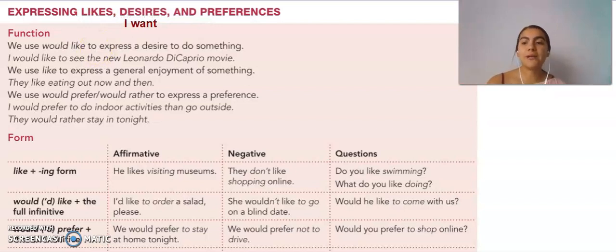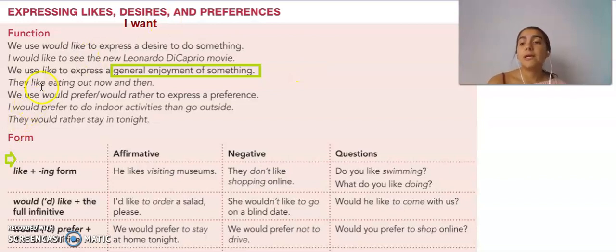The first one is the normal one, the one that we use every day of our life, the one that you're very familiar with, and it is like, right? We're going to use like when we want to express a general enjoyment of something, so something that I really enjoy doing, right?